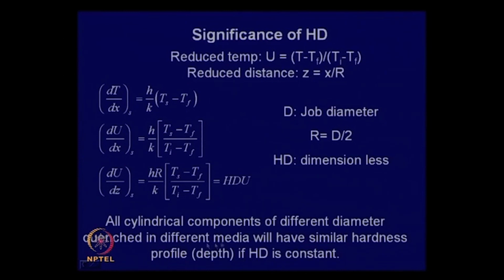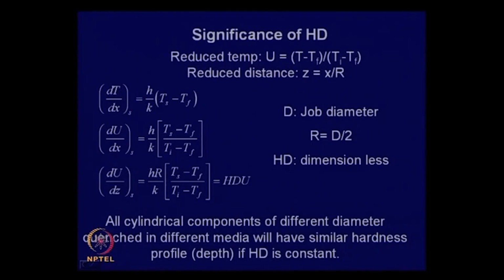So, all cylindrical components of a given diameter, if quenched in a medium such that HD is constant, will have relatively similar cooling characteristics. And what does this mean?